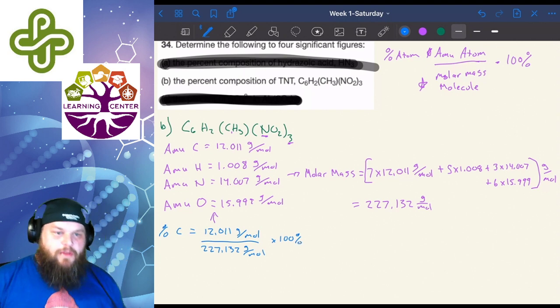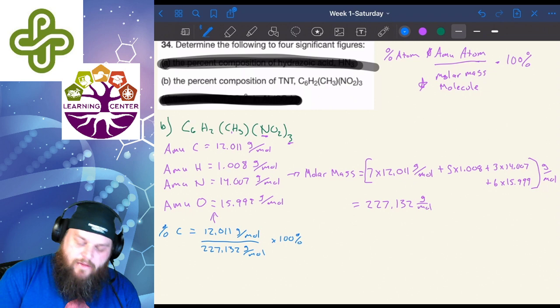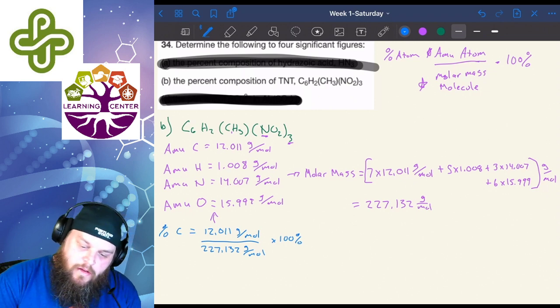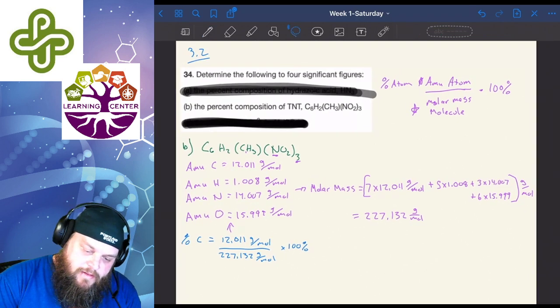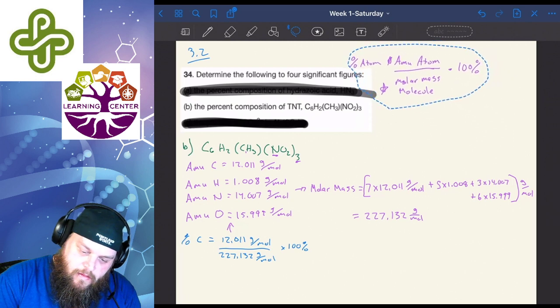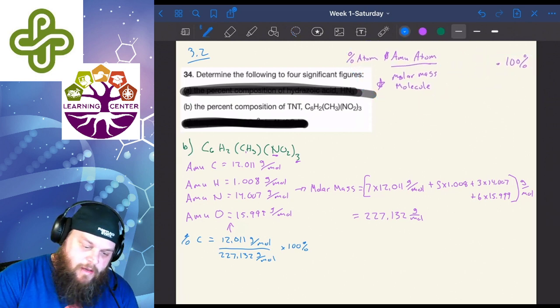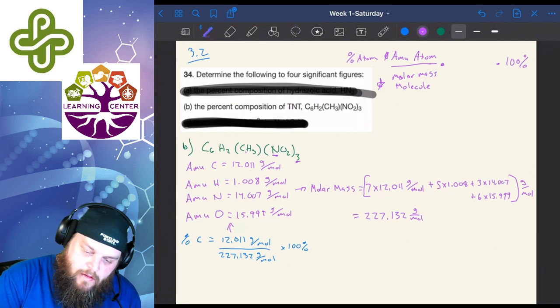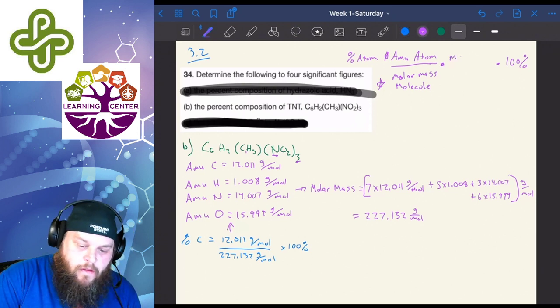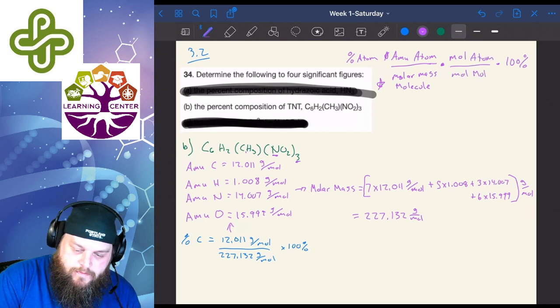The one thing we have to do here that we haven't accounted for, and I should probably rewrite this up here, is account for the mole to mole ratio. So I need the mole of atoms versus the mole of the molecule.